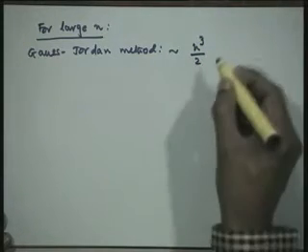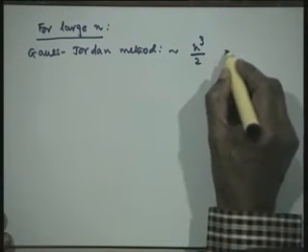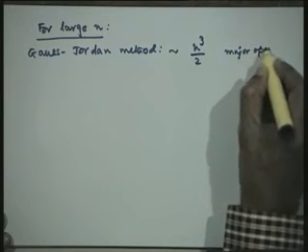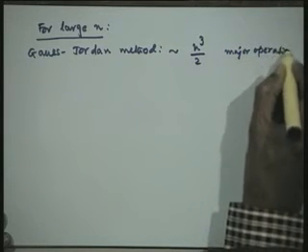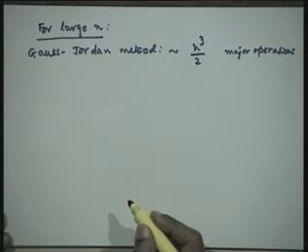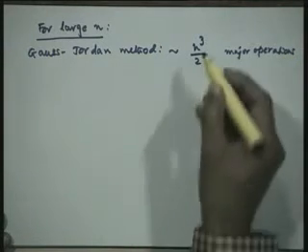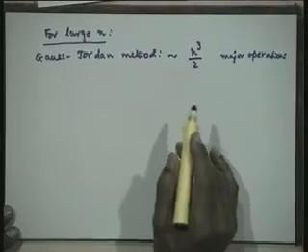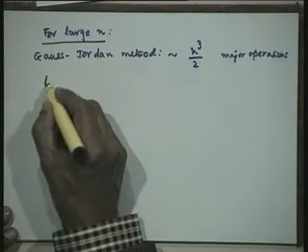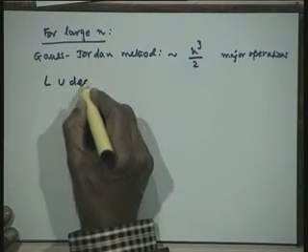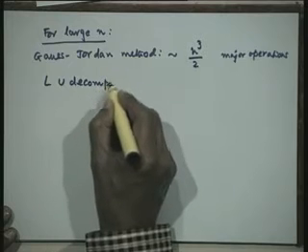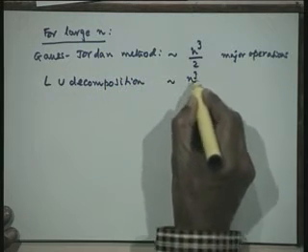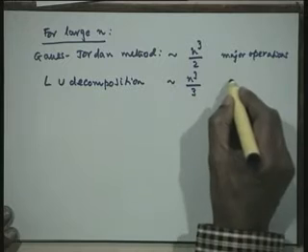These are again the major operations, that is your multiplications and divisions. Therefore, it is n cubed by 2, whereas Gauss elimination is n cubed by 3. Then LU decomposition is identically the same as the Gauss elimination procedure. So, this also takes n cubed by 3 major operations.